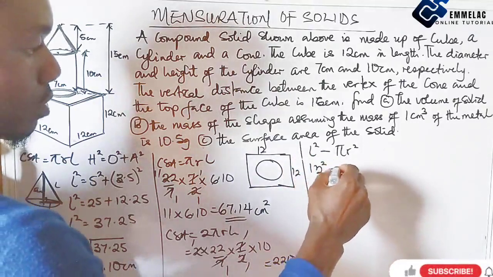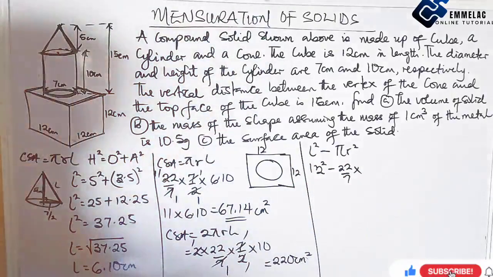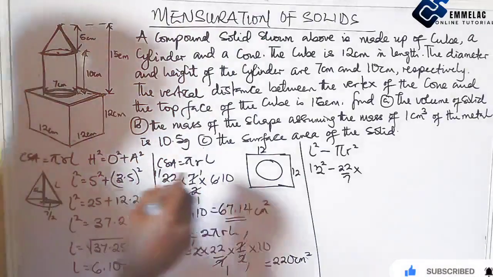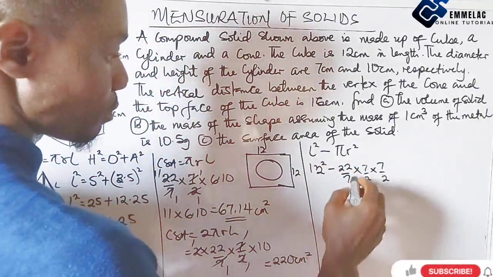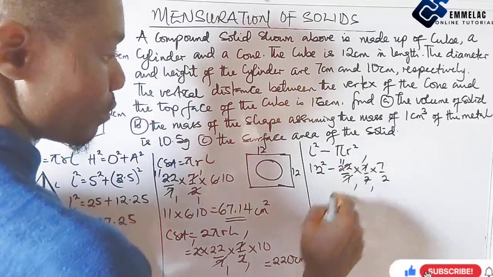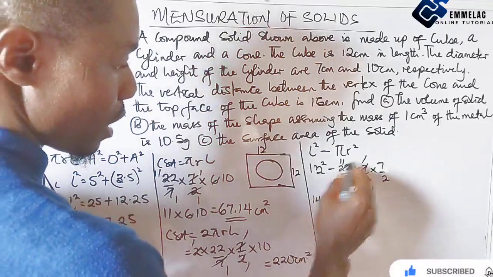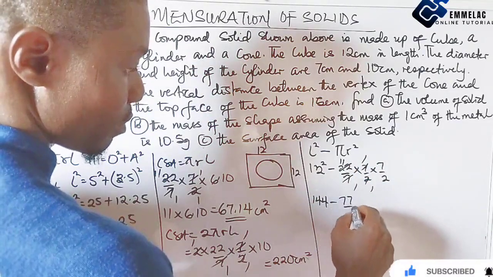raised to the power 2 minus 22 over 7 times the radius, which here is 7 over 2. So here we have 7 over 2 and 7 over 2. 7 here 1, 7 here 1, 2 here 1, 2 here 1. So here we have 144 minus 77 over 2.